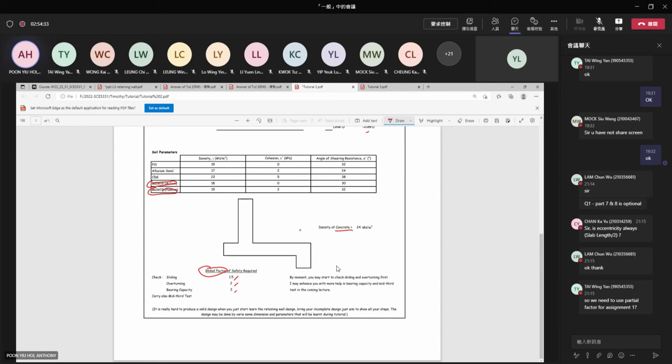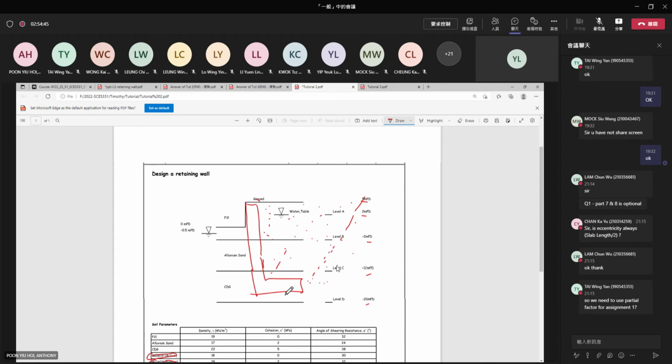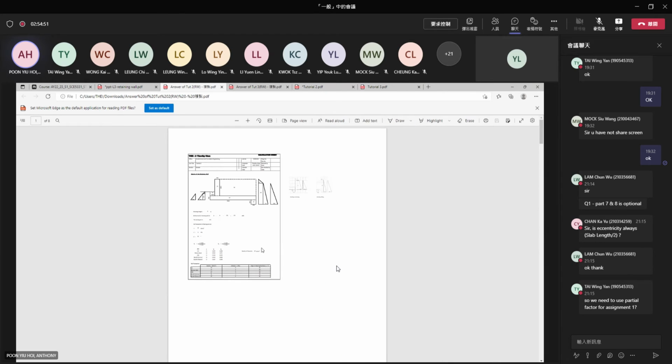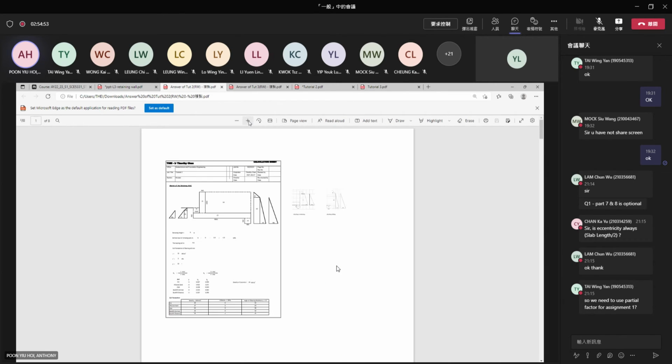So you actually just need to look at sheet number 1 in the Excel file. And we should go to the tutorial 2. Okay. So this is tutorial 2.